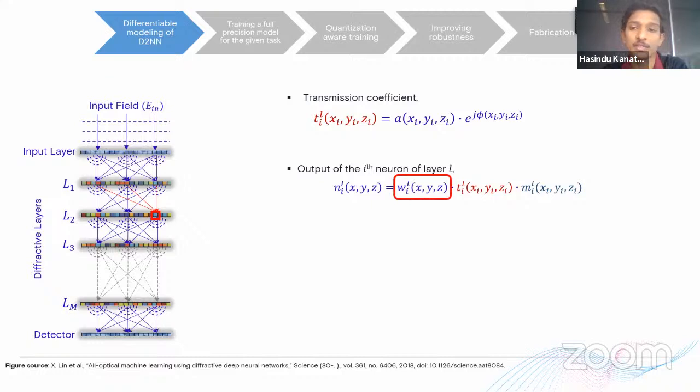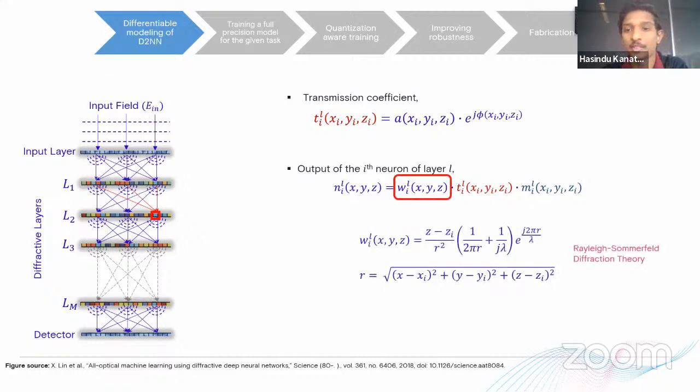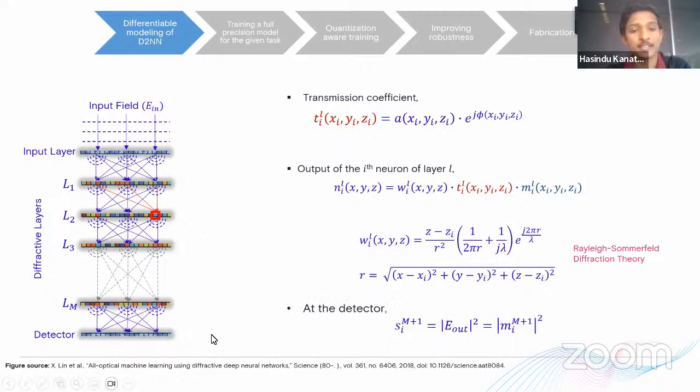In this work, we model the wave propagation using the Rayleigh-Sommerfeld diffraction theory. Using this, we can propagate the incoming field through this network. After propagating through each layer, at the detector we get the intensity of this output field, which is captured by the detector.